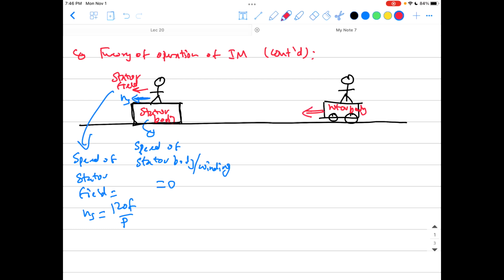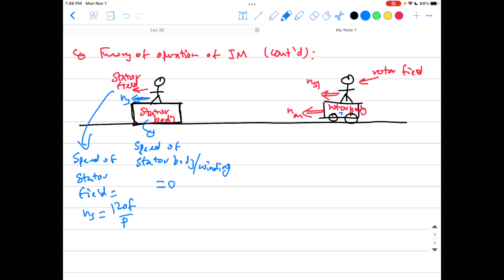The rotor body itself rotates at the mechanical speed, Nm. And this guy, the rotor field, the magnetic field of course, runs here also at another speed. I'll call it Nsl, which is the slip speed. I'm going to talk about it right now.